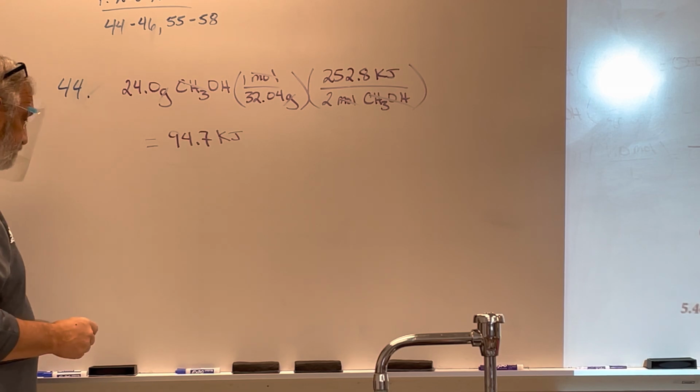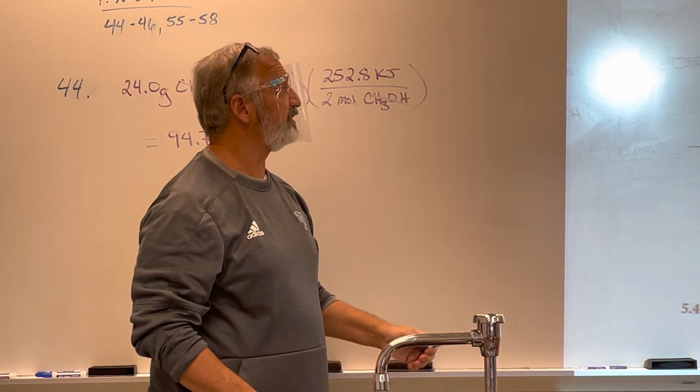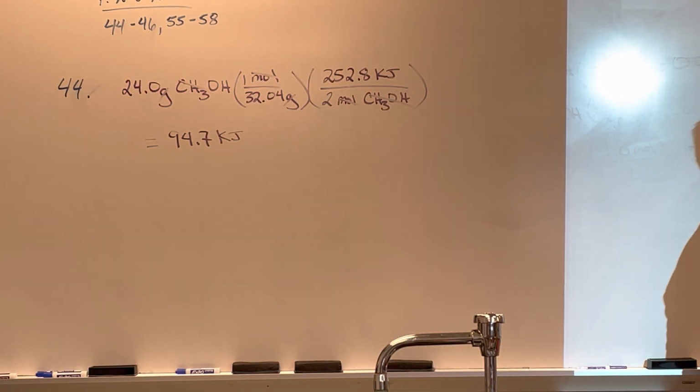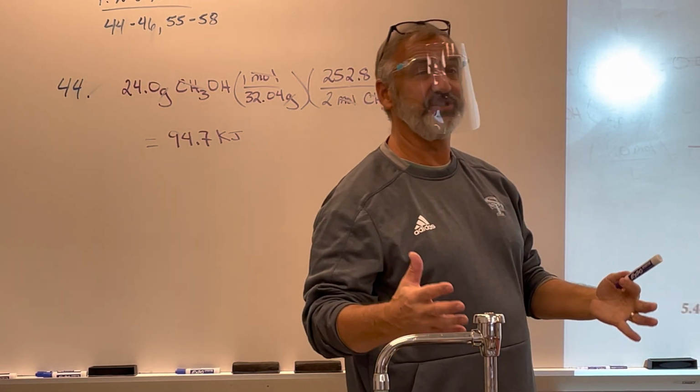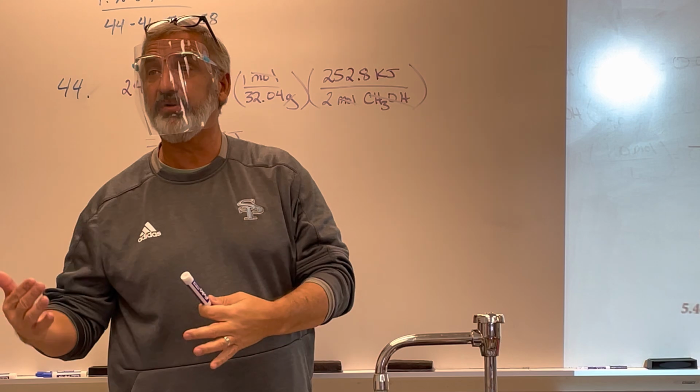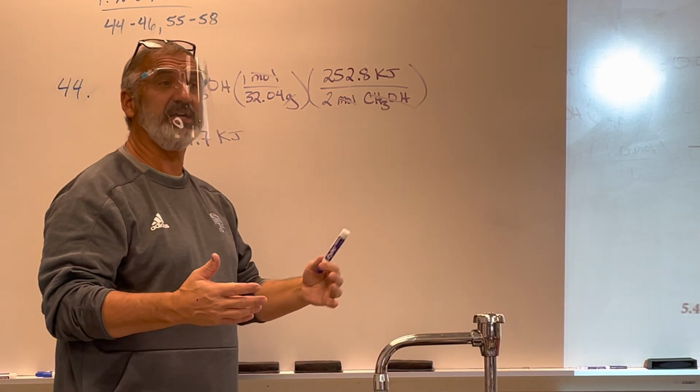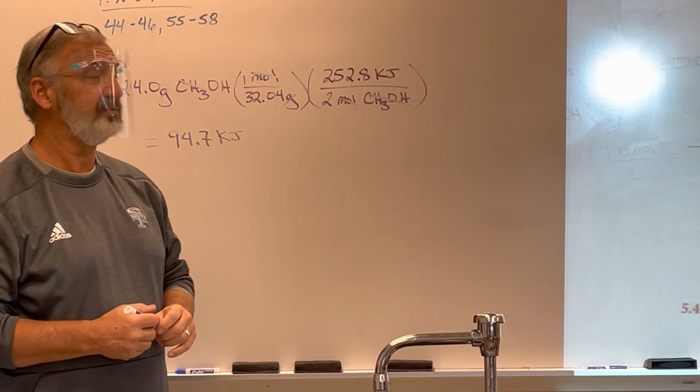Okay? So when you're given the delta H, that is your conversion factor. Just like molar mass takes grams to moles, the heat of the reaction takes kilojoules and moles.